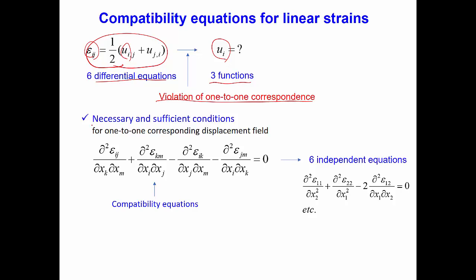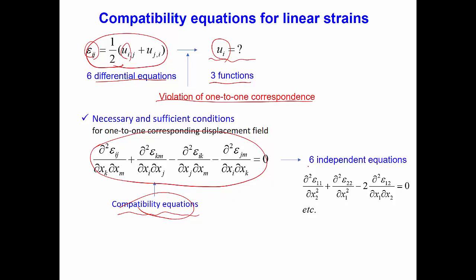We can formulate the requirements on one-to-one correspondence as these differentiations, which are called compatibility equations. When the strain components meet these geometric compatibility equations, then we can obtain the displacement fields which meet all requirements.